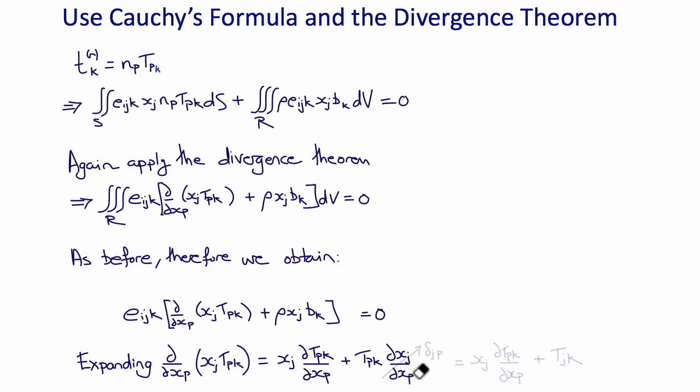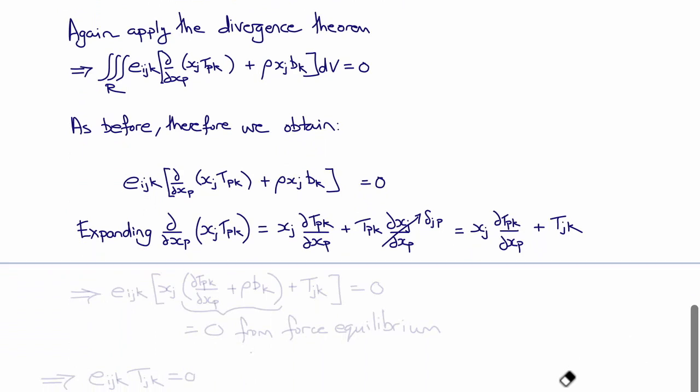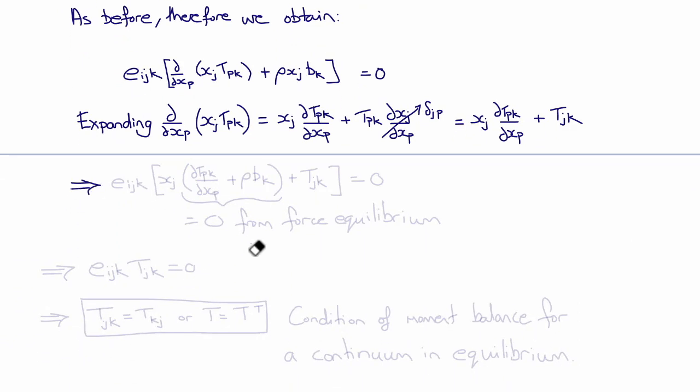Well, del xj del xp is either 1 or 0, so it's delta jp, which means we get xj times del tpk del xp plus tpk times delta jp, which is tjk. So this then simplifies our expression to eijk times xj multiplied by del tpk del xp plus rho bk, plus tjk, this term here, is equal to 0.